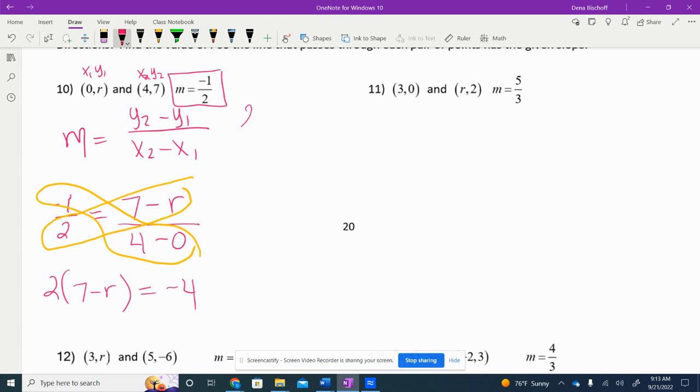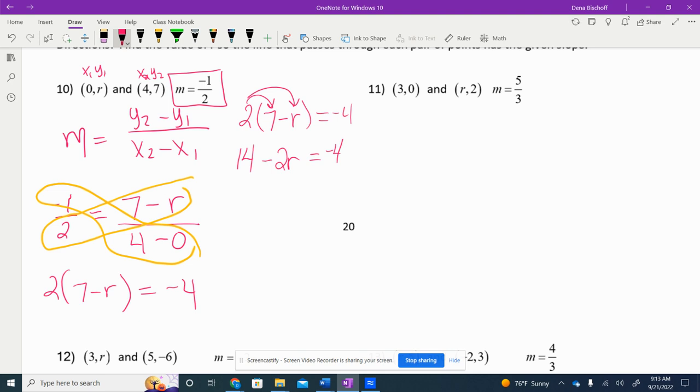So I'm going to write this right here, and I'm going to solve it. 2 times the quantity, 7 minus r, equals negative 4. So 2 times 7 is 14 minus 2r equals negative 4.